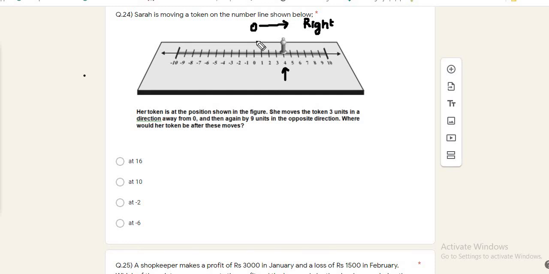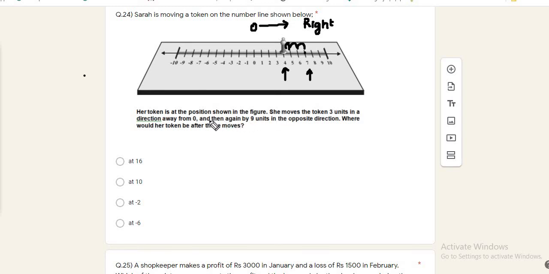If we move towards left, we will go towards 0. So to move away from 0, Sarah moved 3 units away. So it reaches now at 7, because 3 jumps from 4 towards right takes it to 7.